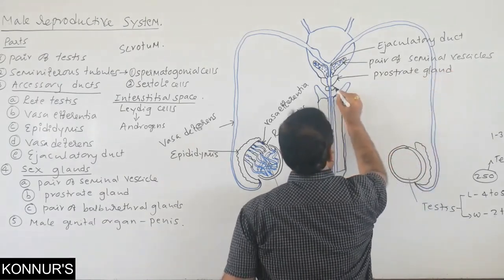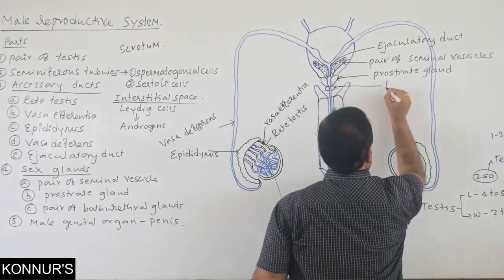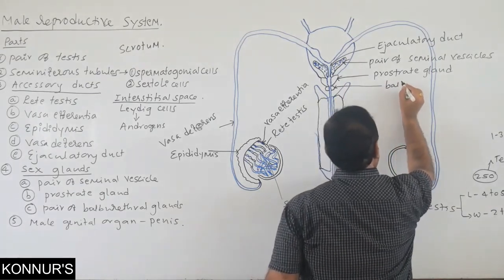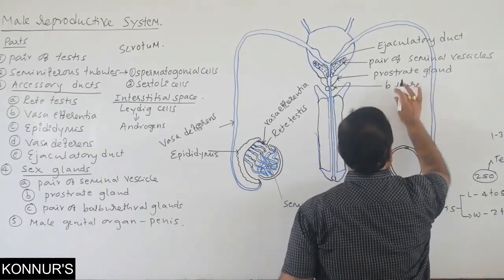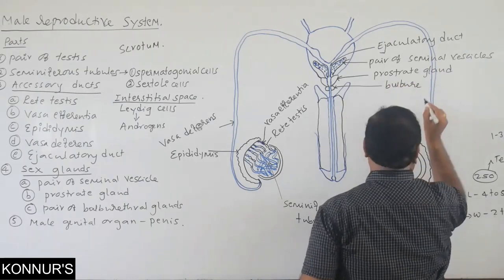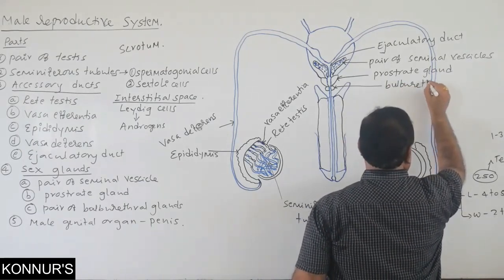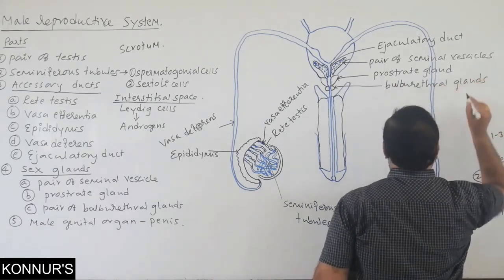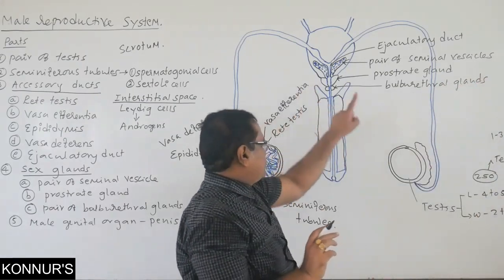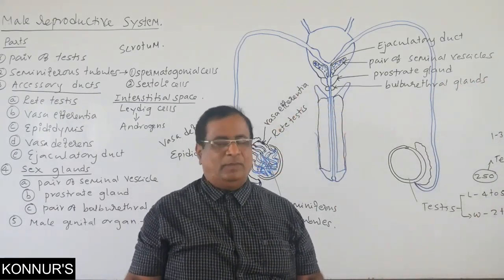And a pair of bulbourethral glands. They are present on either side of the ejaculatory duct.